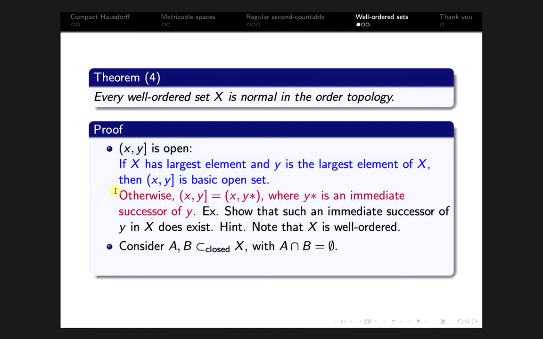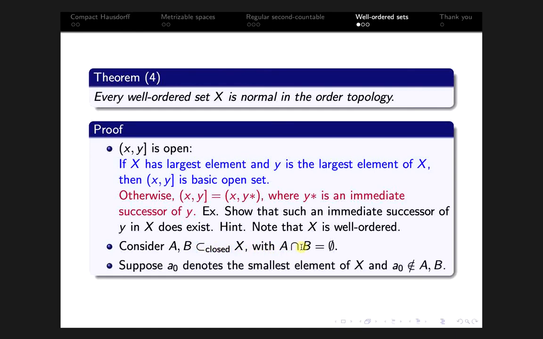So now we prove that X is normal. As earlier, we consider two arbitrary disjoint closed subsets A and B of X, with A intersection B equal to the empty set.